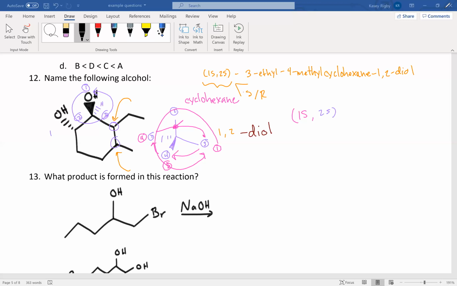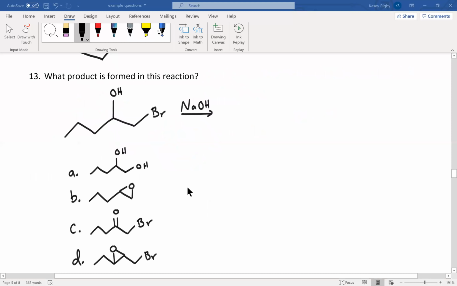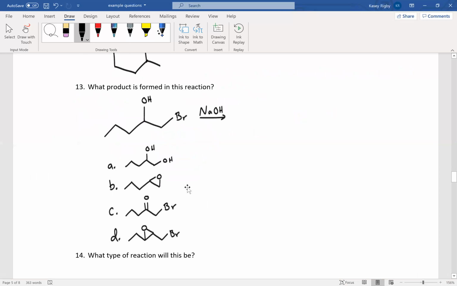Okay, so let's continue on with what product is formed in this reaction. We can see here that we have NaOH, which means I'm going to rewrite this as Na+ OH-. Then we see that we have a halogen, which is a good leaving group, right next to an OH group.